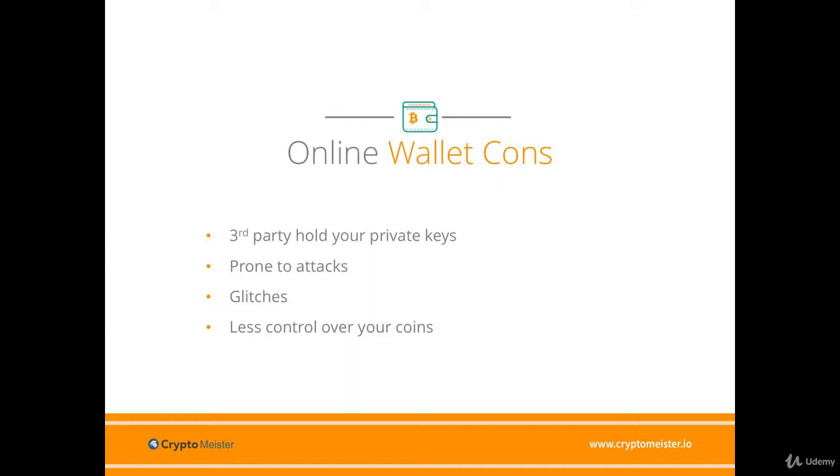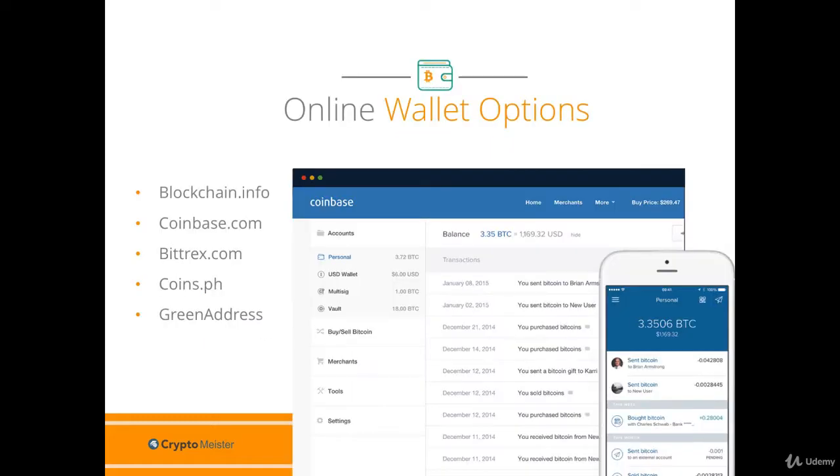The website can limit or suspend your account whenever they want to and for whatever reason. Popular choices include blockchain.info, coinbase.com, exchanges like Bittrex.com or QuadrigaCX, and online wallets like coins.ph and Green Address.